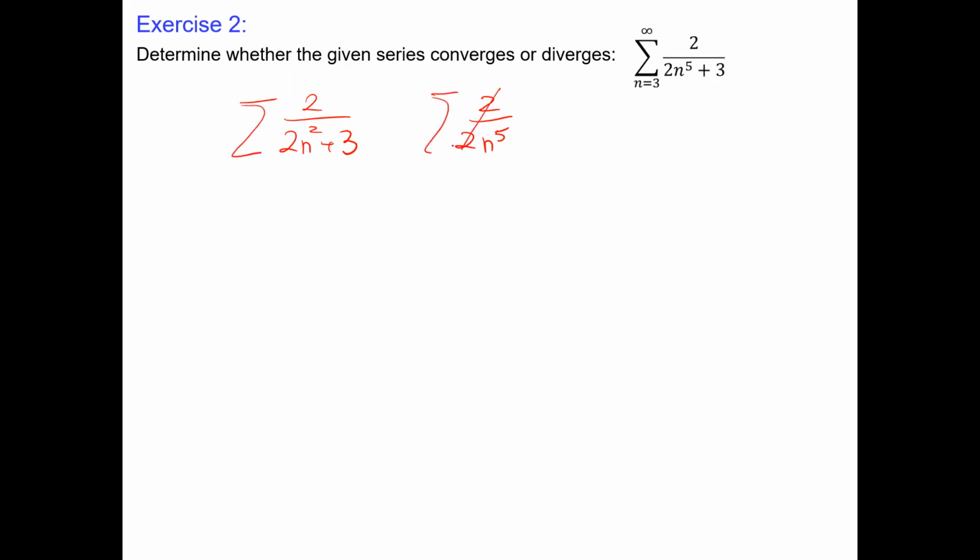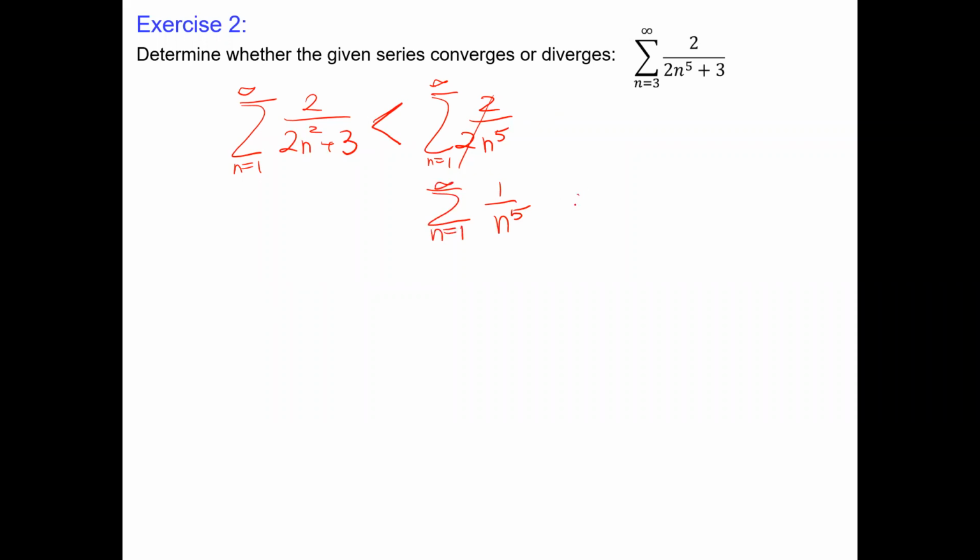For the same number of terms, when we add them, which fraction is bigger, which fraction is smaller? Actually, let's keep this one for a second. Again, we're adding 3, the denominator is bigger, the whole fraction is smaller. Okay, and this one is 1 over n to the power of 5.